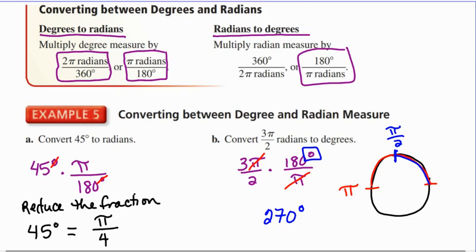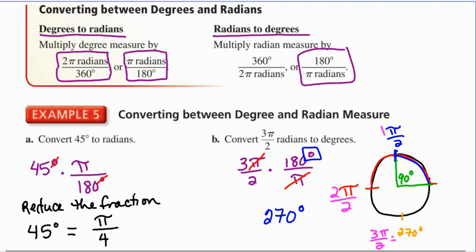And you can kind of see already that this right here would be a 90-degree angle, okay? So now I'm going to count by 90 degrees. I've got 90 plus another 90 is 180, plus another 90 is going to be 270 degrees. If I count that in radians, I've got 1 pi over 2. Here I've got 2 pi over 2. And then down here, this would be 3 pi over 2 is the same as 270 degrees.